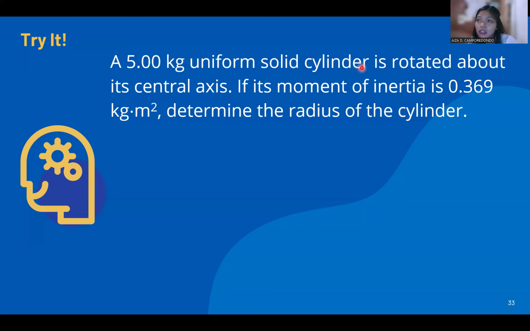So we're going to still use the formula earlier. In this case, a 5.00 kilogram uniform solid cylinder is rotated about its central axis. If its moment of inertia is 0.369 kilogram meter squared, determine the radius of the cylinder.